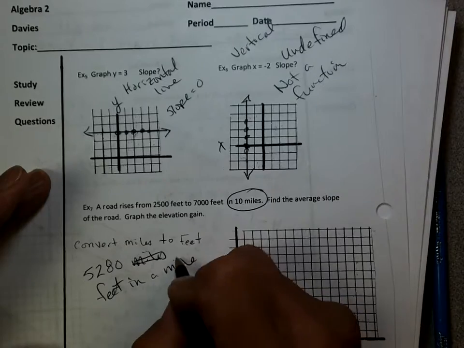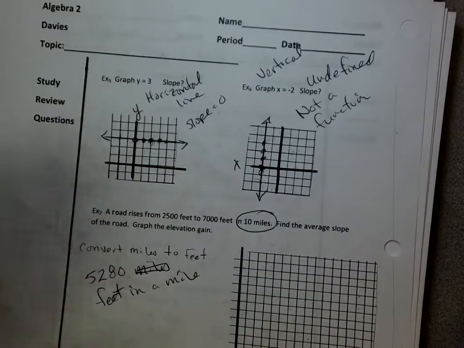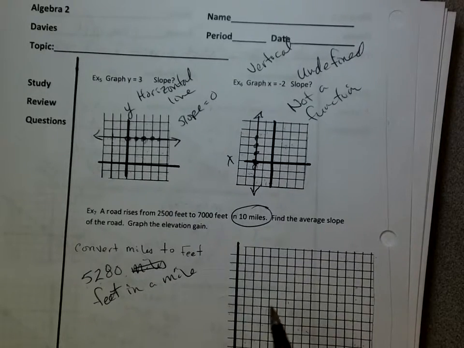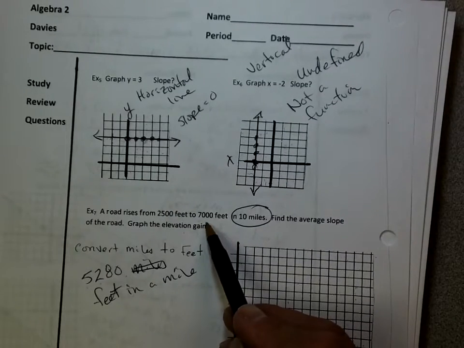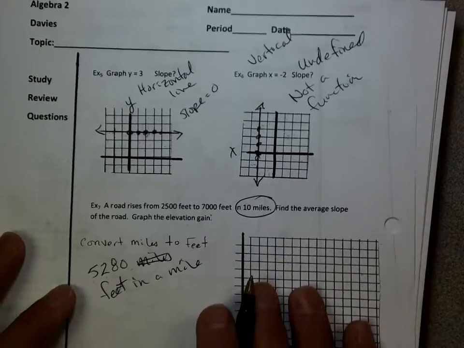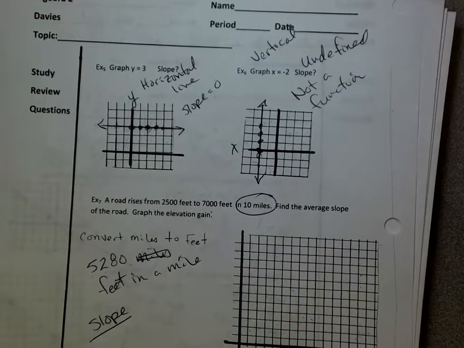I'll say that again, sorry to mess up. 5,280 feet in a mile. So if I do everything in terms of feet, and then I have the elevation gains in terms of feet, we're going to rise from 2,500 to 7,000. Let's see if we can do this. I'm going to try and do it as a slope. What I know about slope is it's rise over run.